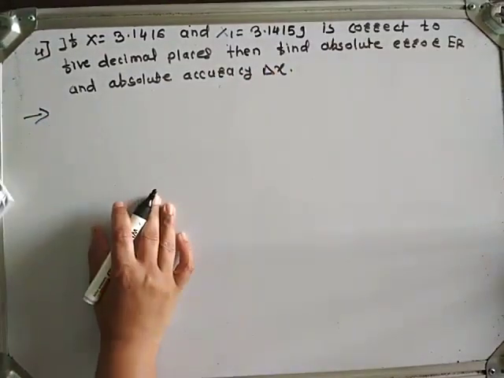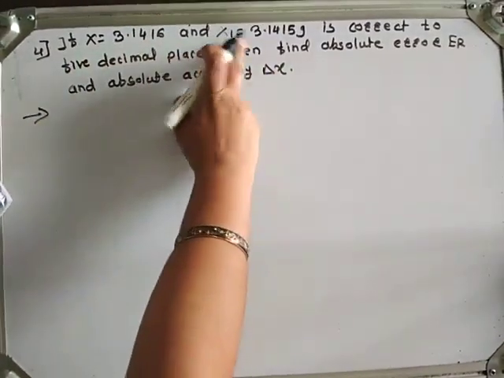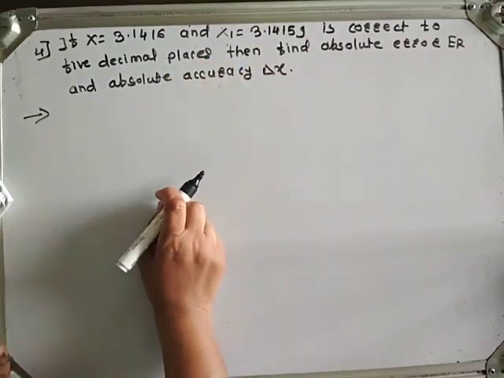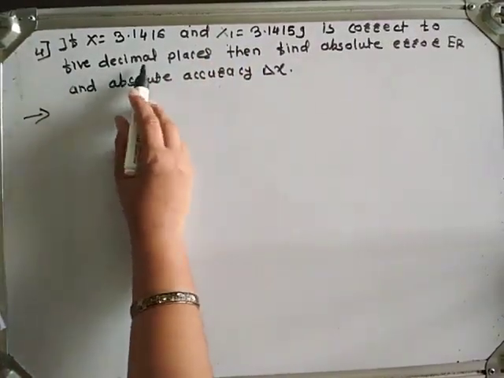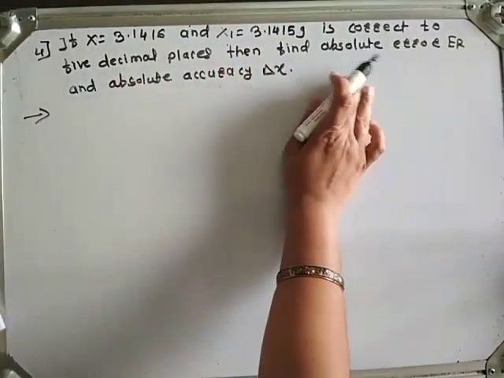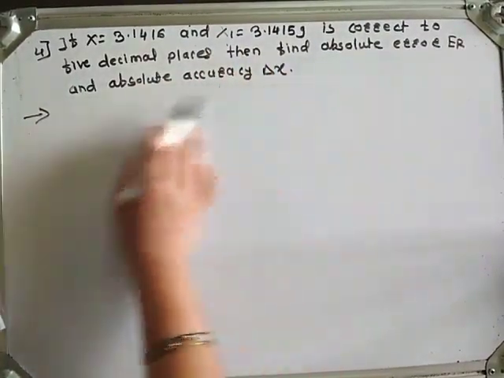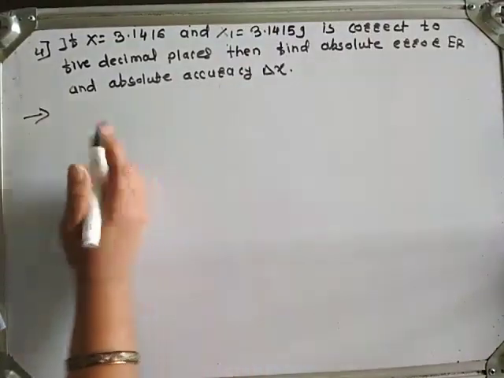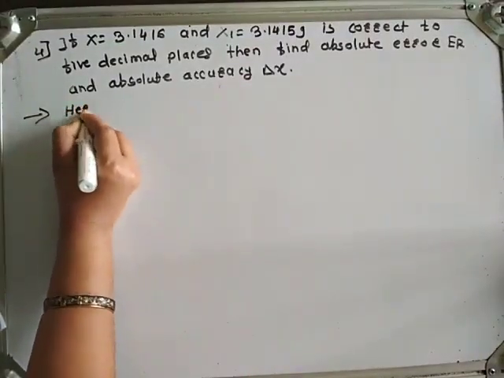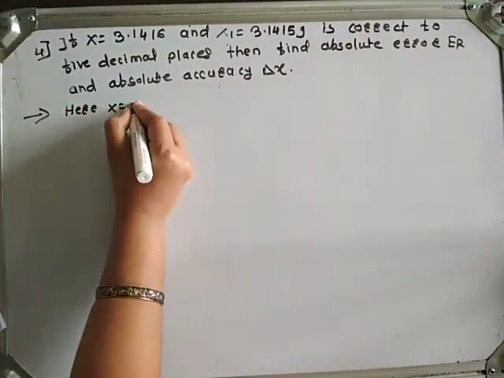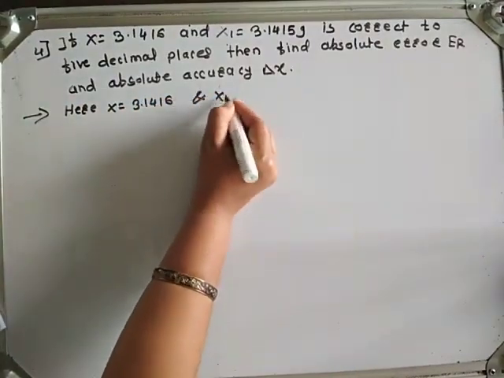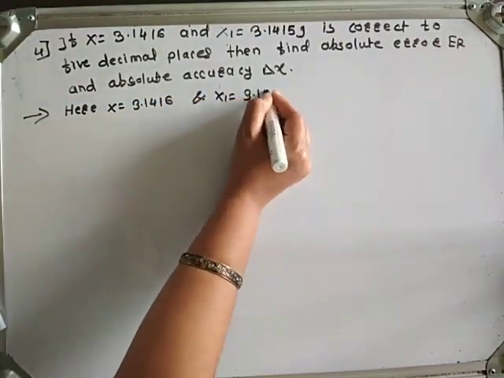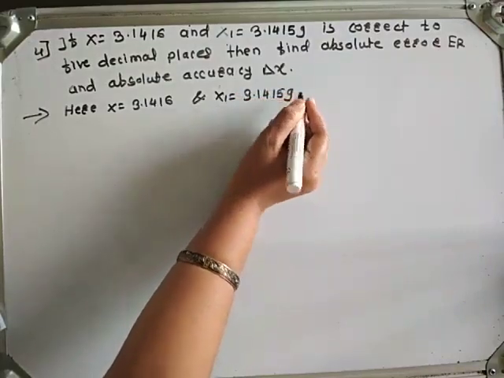See here what we have been given. x is the true value and x1 is the approximate value. It is correct to 5 decimal places. Then we have to find absolute error ER and absolute accuracy delta x. Here x is equal to 3.1416 and x1 is equal to 3.14159.